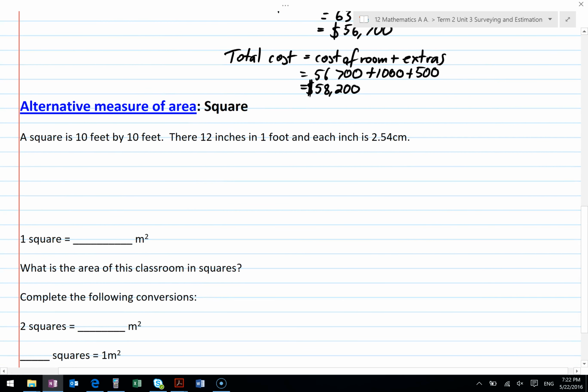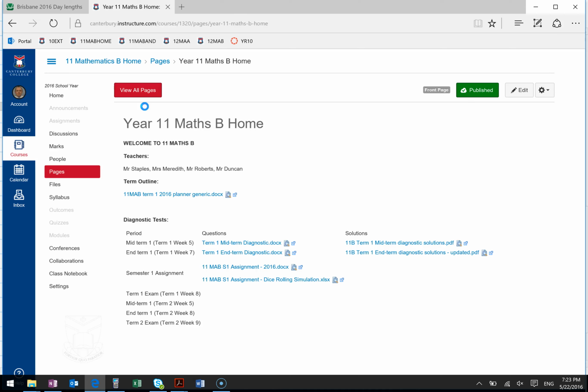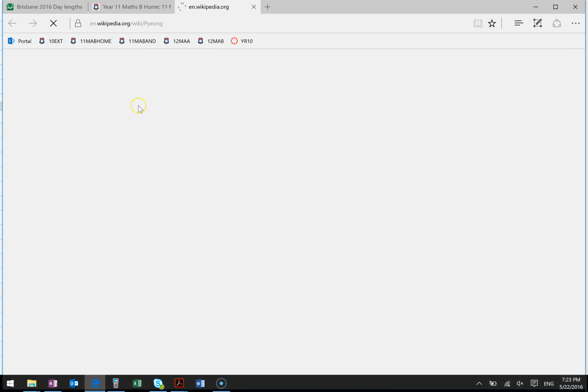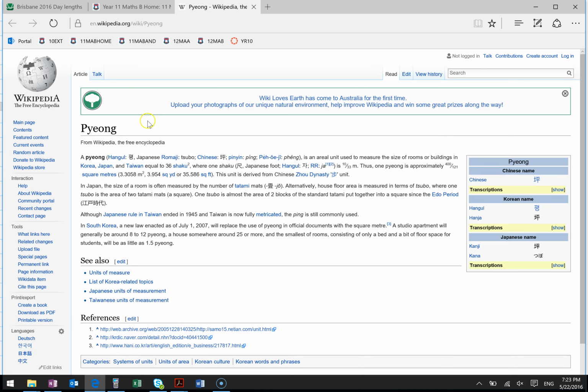Square meters is typically what we'll be using for area. There are alternative measures of area. One of them, I wonder if this link works, is the Pyong. If you want to buy a house in Japan or in Korea, the size of the room is measured by the number of tatami mats that fit inside the room, or the number of double tatami mats.